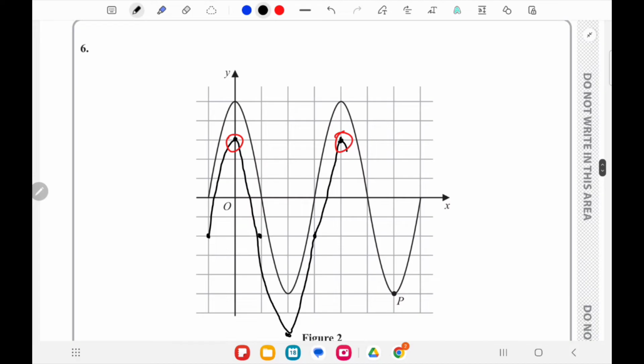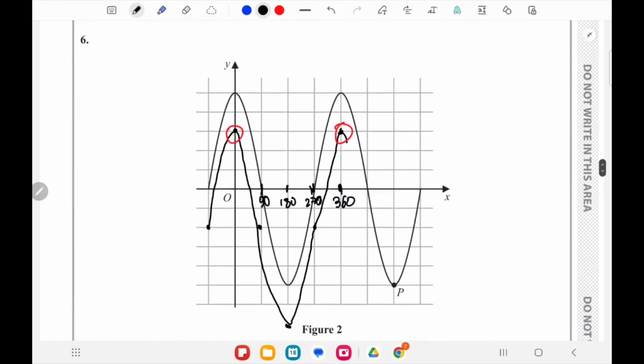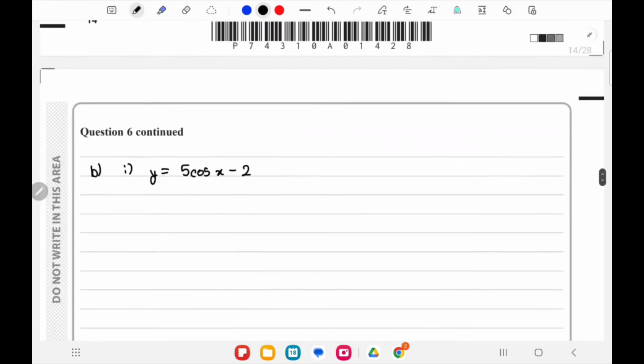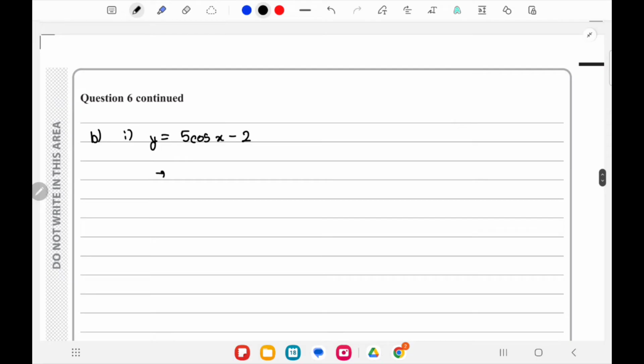So this is 90, this is 180, 270, and this is 360. So our maximum point will be 360, 3. So this is 3. For this, Q will be 360, 3.